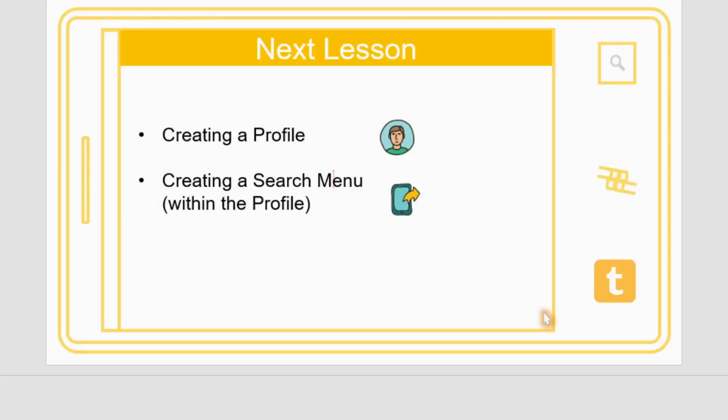So in the next lesson, we're going to be creating a profile for our Joe Bloggs or whoever the user is. We're also going to be making a search menu within the profile so that Joe Bloggs could start dating. He could start waving at people. He could search for people via the search menu in the profile, looking at different criteria. So that's lots to look forward to. See you in the next lesson.